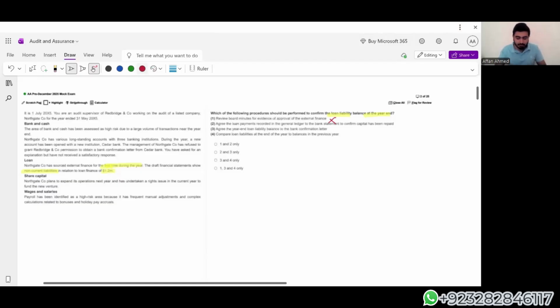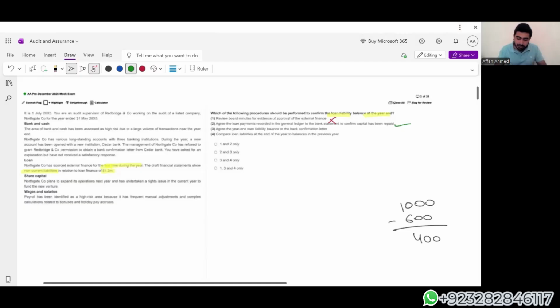So if capital has been repaid, let's say I had taken ₹1,000 loan at the start of the year. I have paid out 600 from it. That means at the year end, I would be having a balance of 400. Would this help me identify the loan liability balance at the year end? It would, because this calculation will help you identify the amount paid and the amount left. So this might be the correct answer.